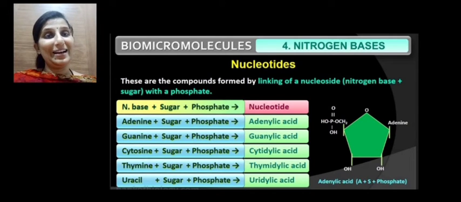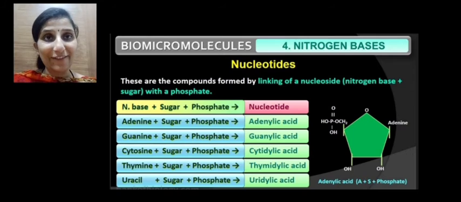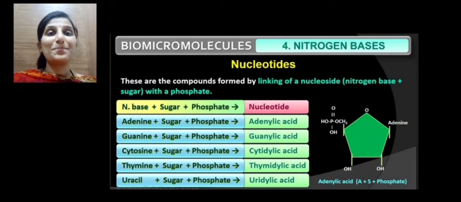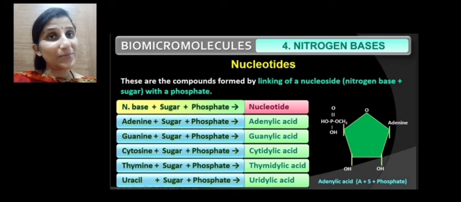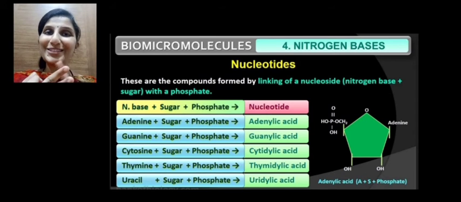The nucleoside, having a nitrogen base plus sugar, when linked to a phosphate group, forms a nucleotide. So first we learned about nitrogen base. Second, when the nitrogen base is attached to a sugar, it forms a nucleoside. Again, when a nucleoside is attached to a phosphate, it forms a nucleotide.